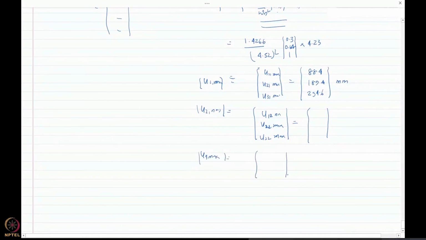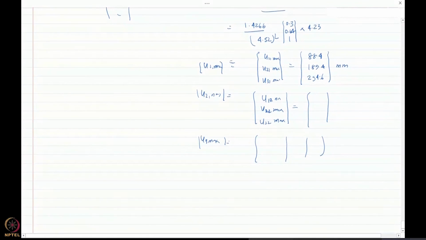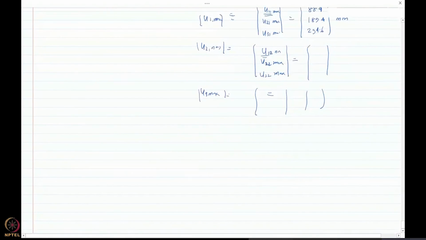To find out the peak response using SRSS, the quantities that you need to combine would be this square plus this square plus this square under root. So what I'm saying, my Umax would be under root, because remember I have got the maximum at each degree of freedom, and this is the response that I'm going to combine, the peak responses.